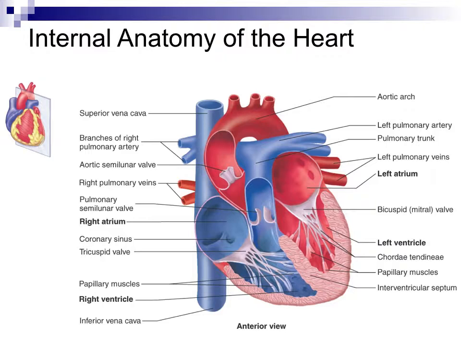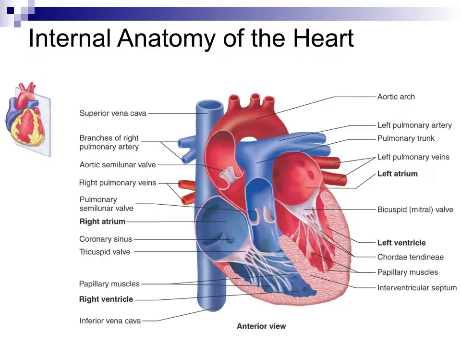We've gone through the right atrium and the right ventricle, and the two valves, the tricuspid and pulmonary semilunar valve. The right side of the heart pumps blood to the lungs where it picks up oxygen, and then it comes back to the left atrium where it contracts. When the left atrium contracts, the blood goes to the left ventricle, and the left ventricle pumps it out into the aorta, where it goes throughout the body.